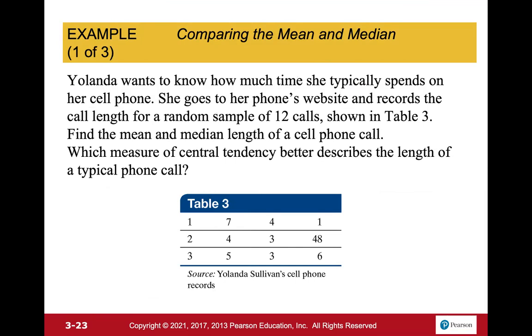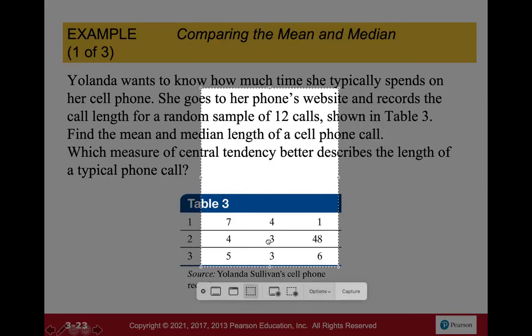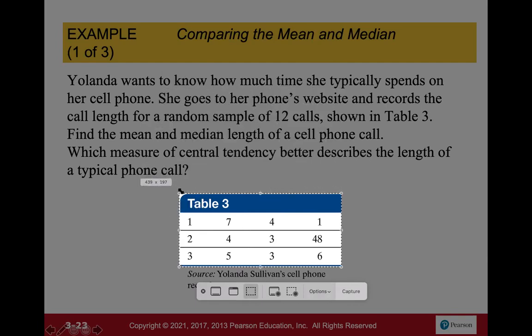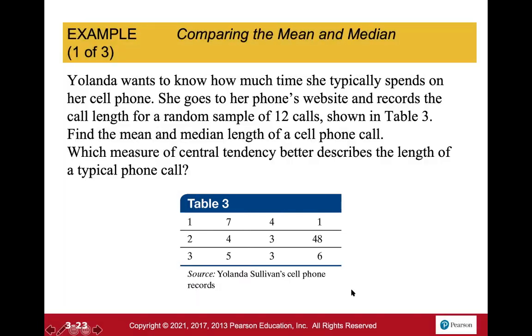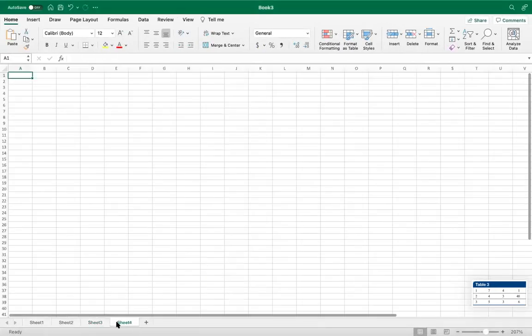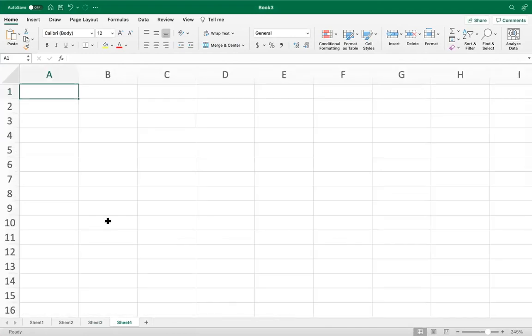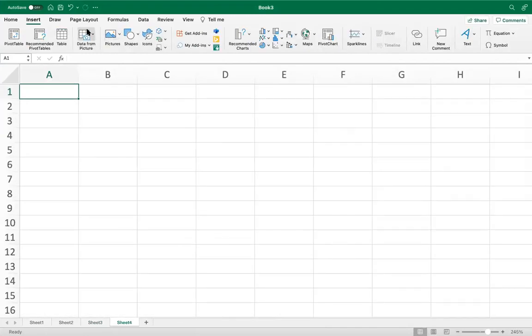All right, so let's take a snapshot of this. Over here to Excel. Insert data from table.